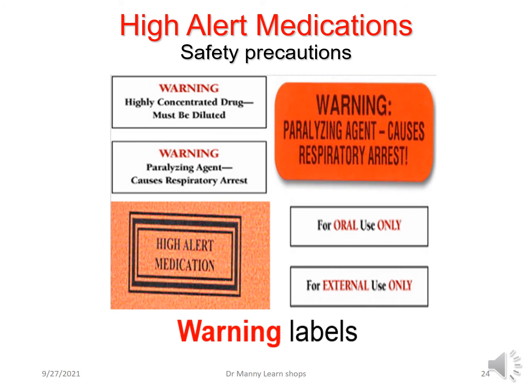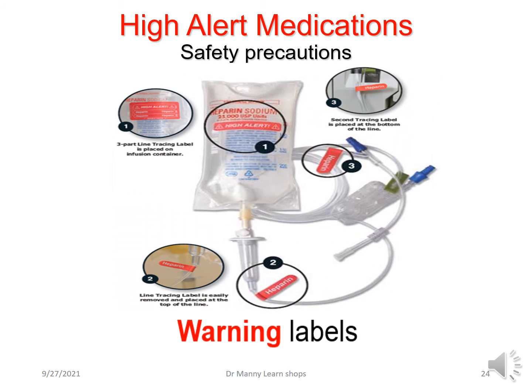Warning labels are a good indicator. When you're using a high alert medication, it's a good idea to use warning labels to alert people that they're using a high alert medication. Depending on the organisational policy, the actual medication is labelled, the tubing is labelled, and the site is labelled.